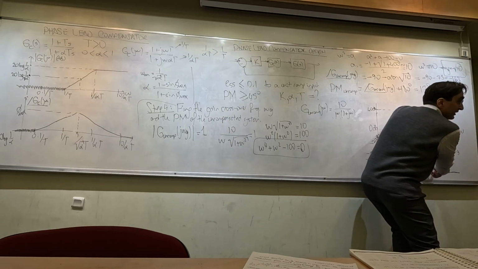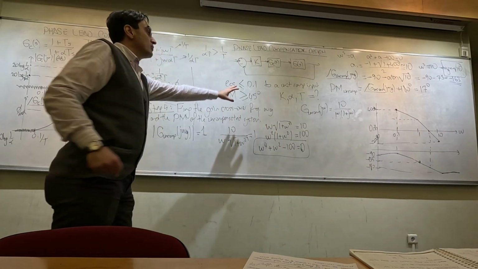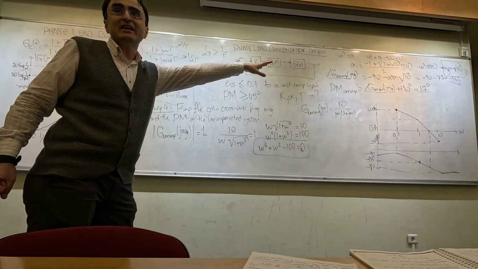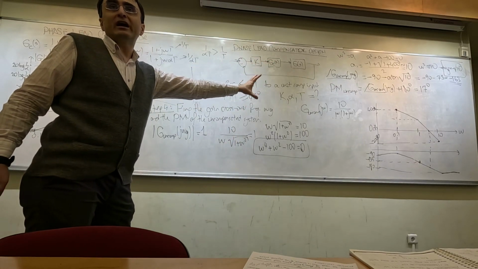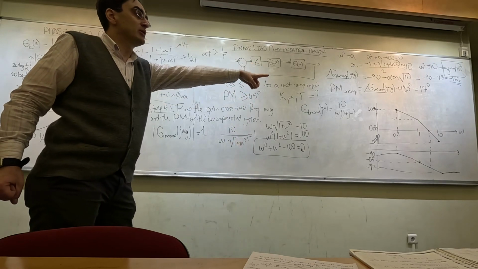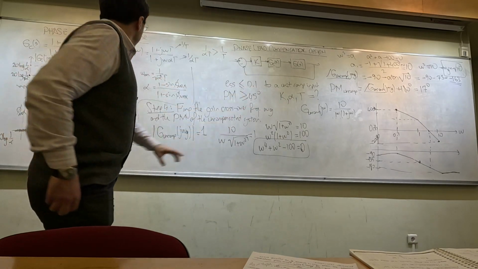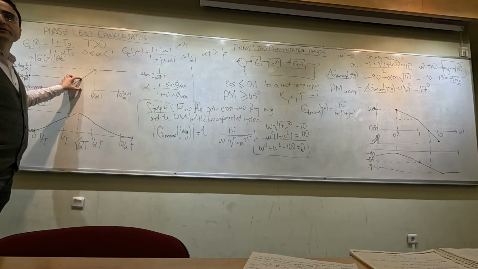There will be a decrease in the phase of the system. So if I choose phi max as exactly 45 minus 17, I won't be able to get the required phase margin of 45 at the end, because of the decrease in the phase of the system due to this positive gain here.